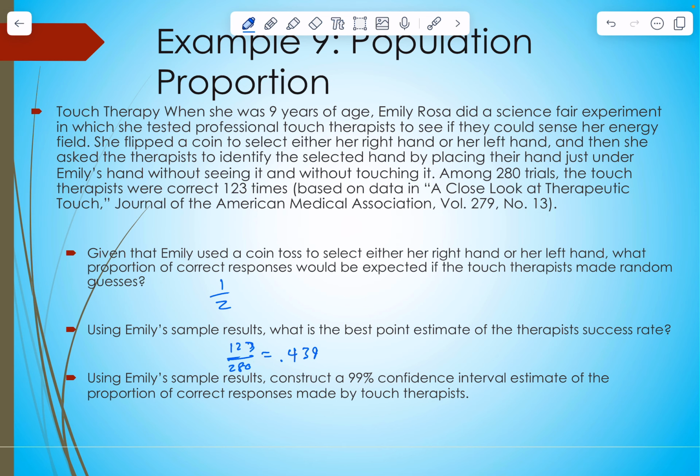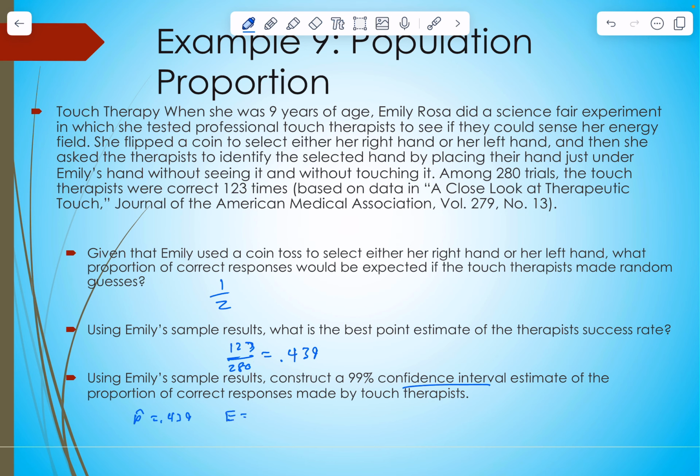Using Emily's sample results, construct a 90% confidence interval estimate of the proportion of correct responses made by touch therapists. All right, it wants a confidence interval. In order to find a confidence interval, I need to find my point estimate, which is going to be p hat, 0.439, and then I need to find my margin of error.